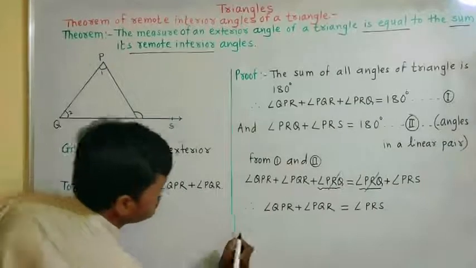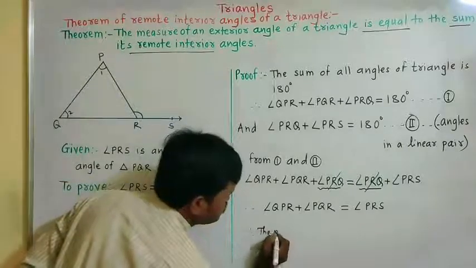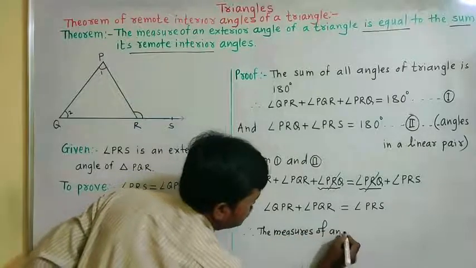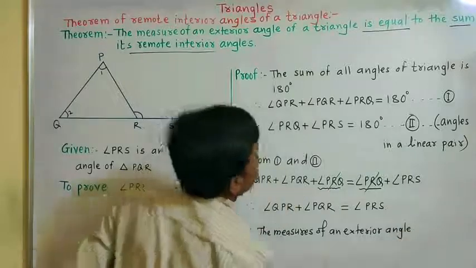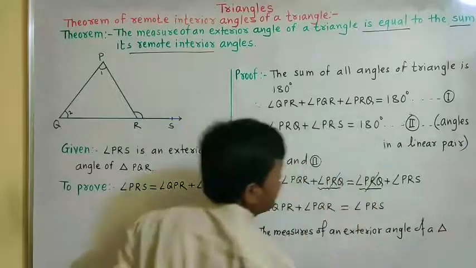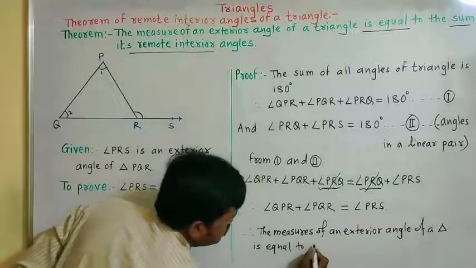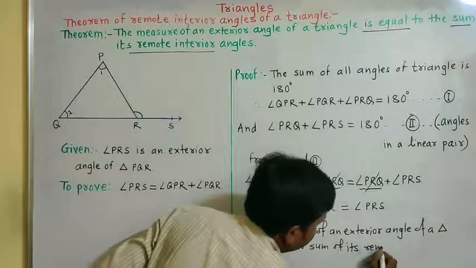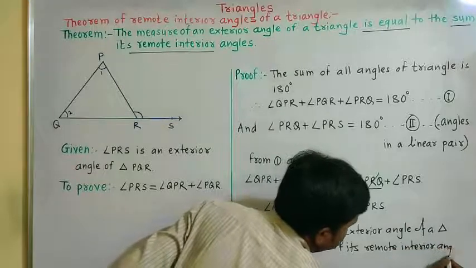Therefore we write here: the measure of an exterior angle of a triangle is equal to the sum of its remote interior angles.